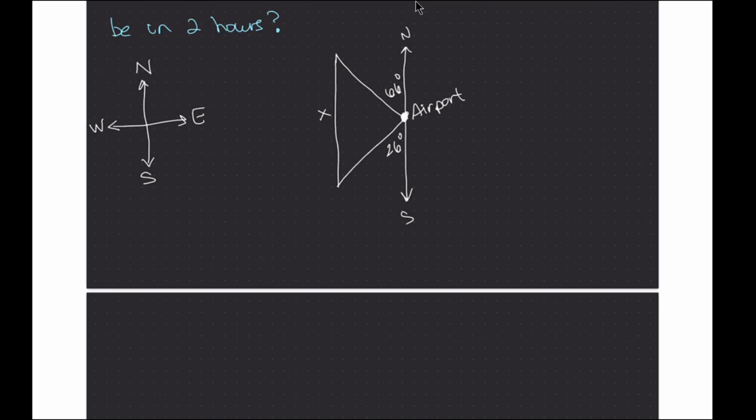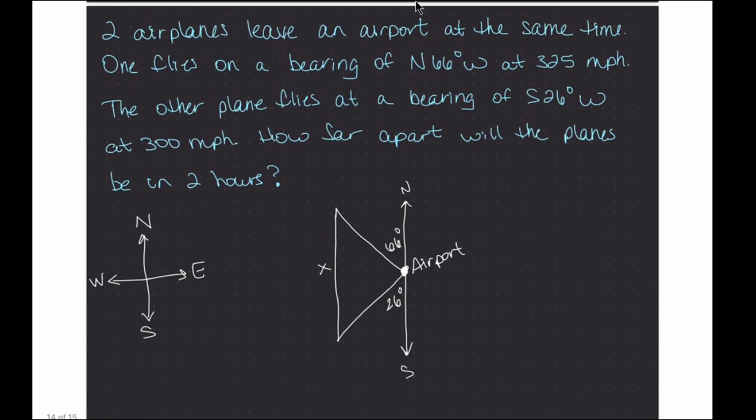So our first plane was traveling at 325 miles per hour, right? So that miles is a distance. So in 1 hour, he's going to travel 325 miles, right? In 2 hours, how far is he going to travel? 650.